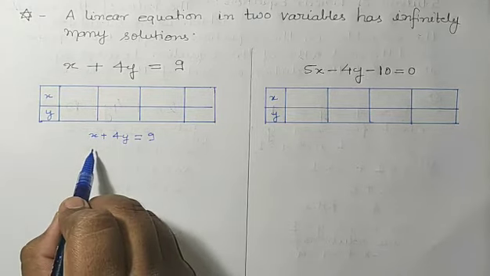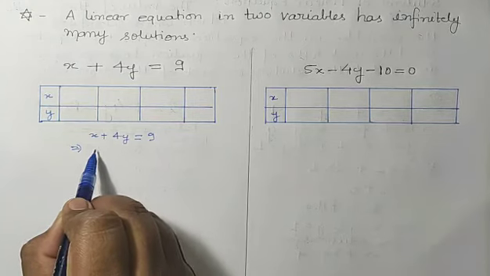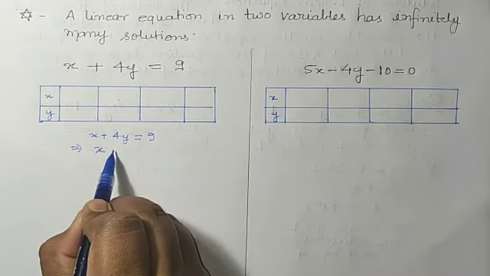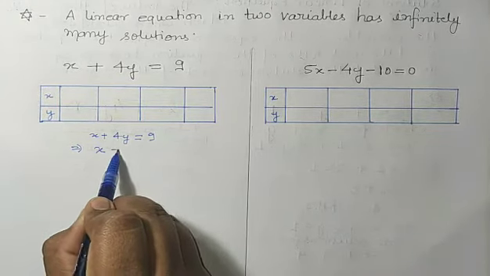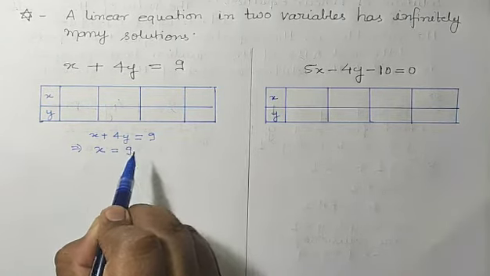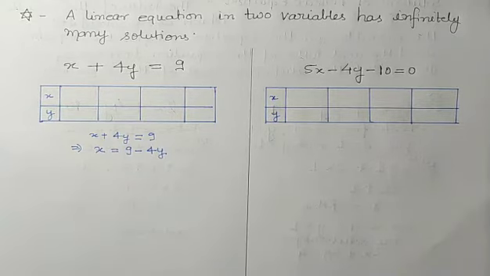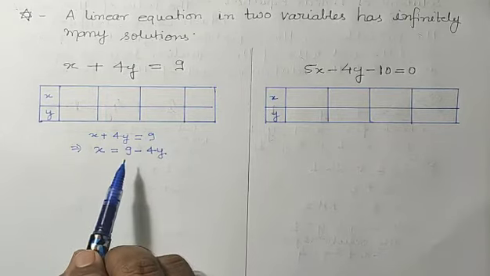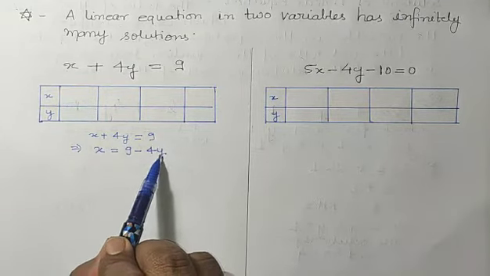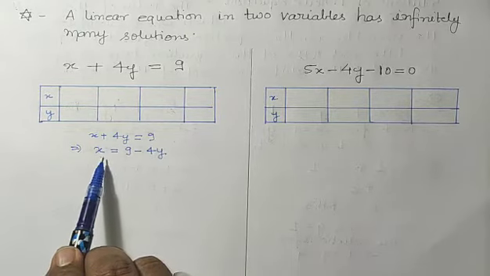Firstly we will write this equation such that in the left hand side we have only one variable. So just shift this 4y to the right hand side, you will get x is equal to 9 minus 4y. Okay students, now we will put different values of y and for those values of y we will get the value of x.